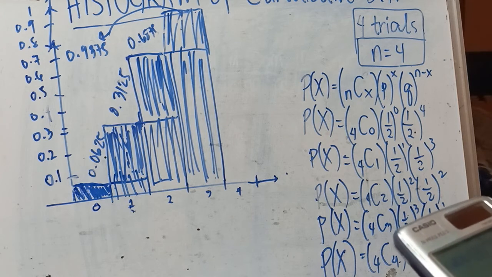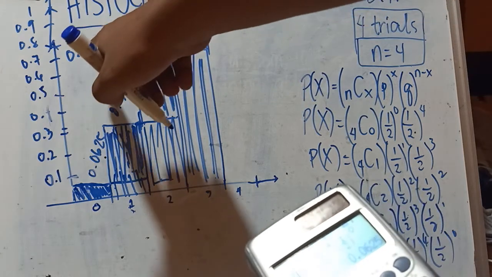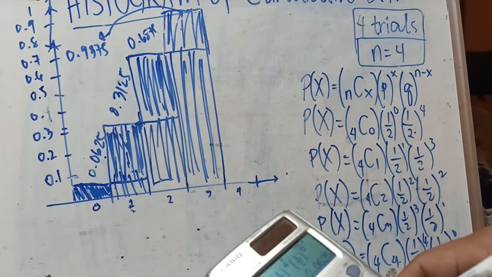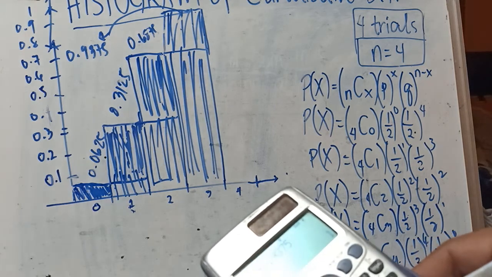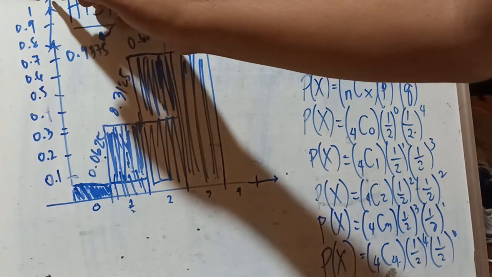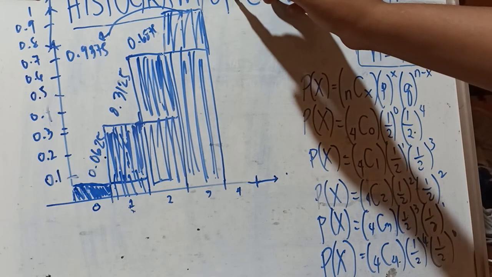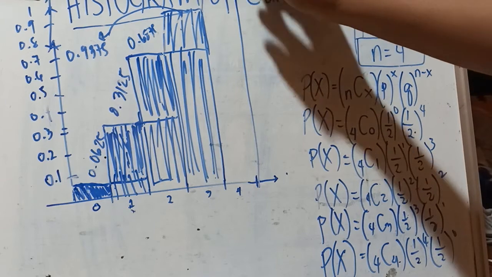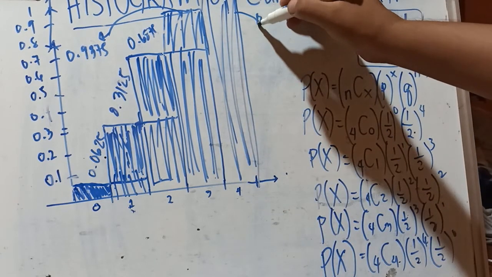Then that's 1/16 or 0.0625. Then we add 0.9375, and we get 1. Okay, so 1 or here in this area. So assuming that is the 1 here. Okay, so that is 1.